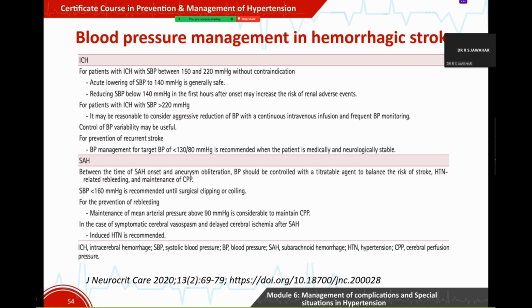These two procedures will be done by neurosurgeons. For the prevention of rebleeding, maintenance of the mean arterial pressure above 90 is considered to maintain the CPP, the cerebral perfusion pressure.